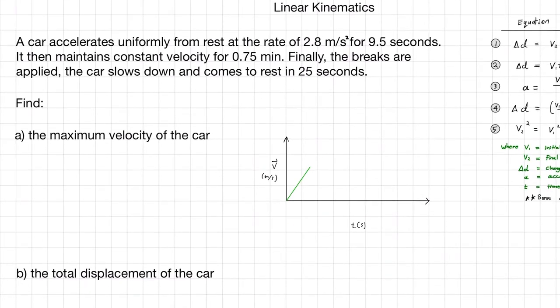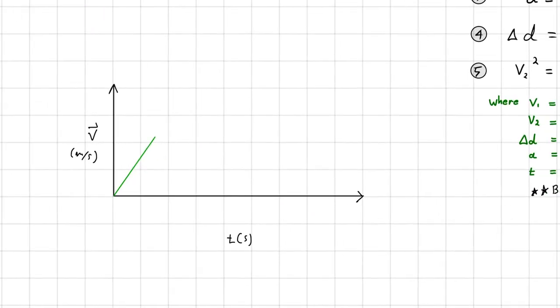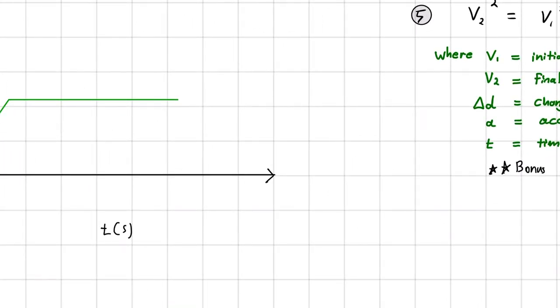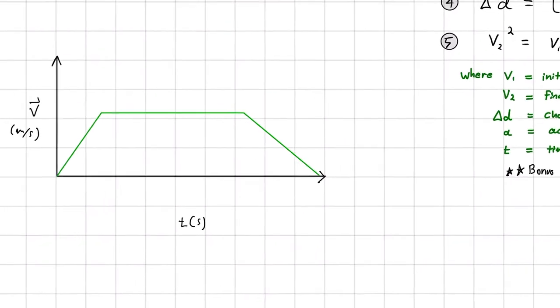And then it keeps a constant velocity for 0.75 minutes, so we'll have a constant velocity. And then finally, the car slows down when the brakes are applied until rest, so until the velocity comes back down to zero.